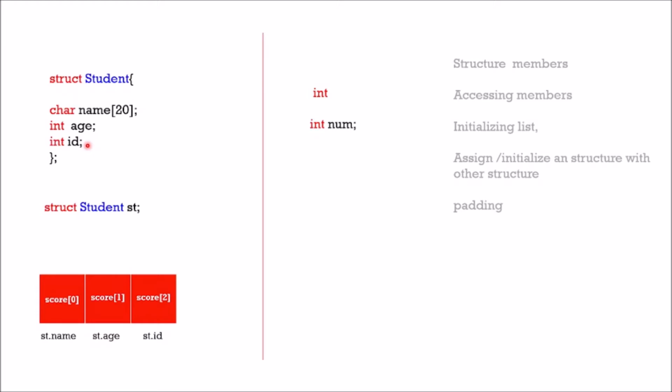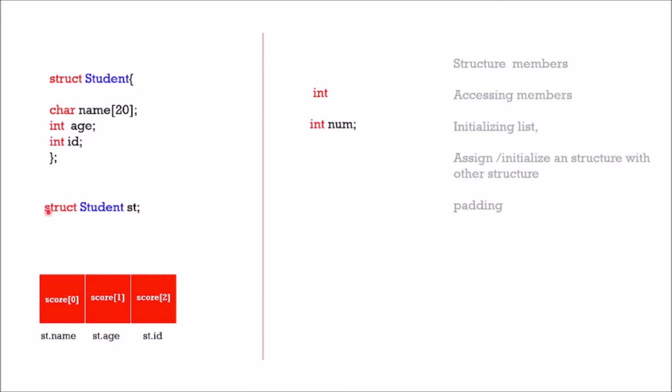Okay, to create a structure, we will have the following steps. So we first use the keyword struct, then the valid name, then within curly braces all of the member variables that we need for that structure, and then we create an instance of that struct data type.